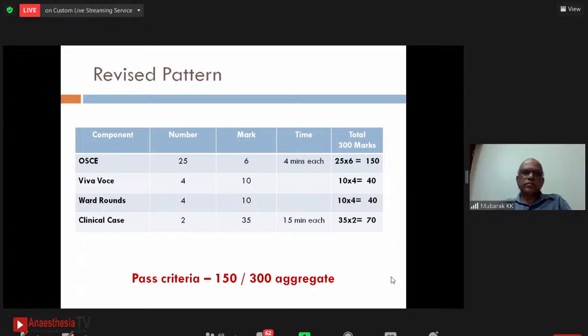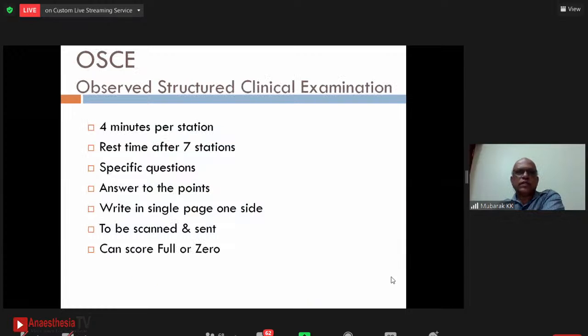So be serious about the OSCEs. Come to the exam centers early and relax, because if you come in a hurry and waste time and are not adapted, you will lose the first or second OSCE and by some means lose marks. So try to get the maximum from the OSCEs. The OSCEs are 4 minutes per station, with a rest time after 7 stations.